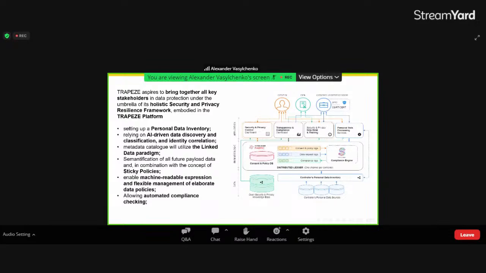So on the right-hand side, you see the high-level architecture of our solution. And the flow for each user of our platform, we start with a data process, personal data inventory.